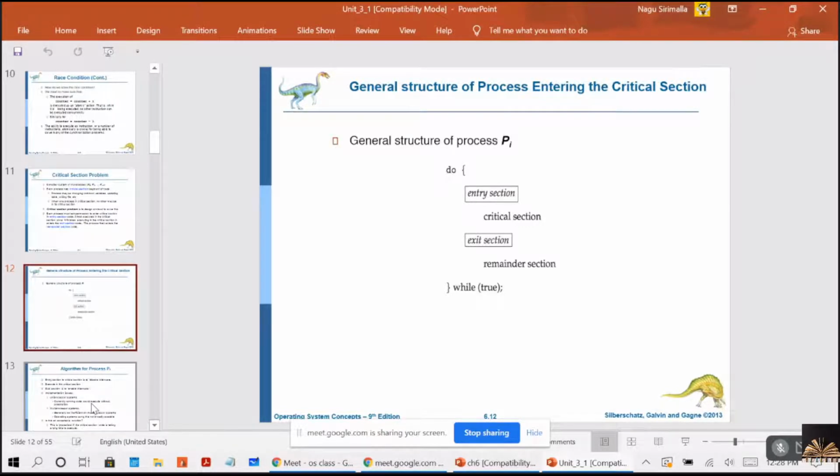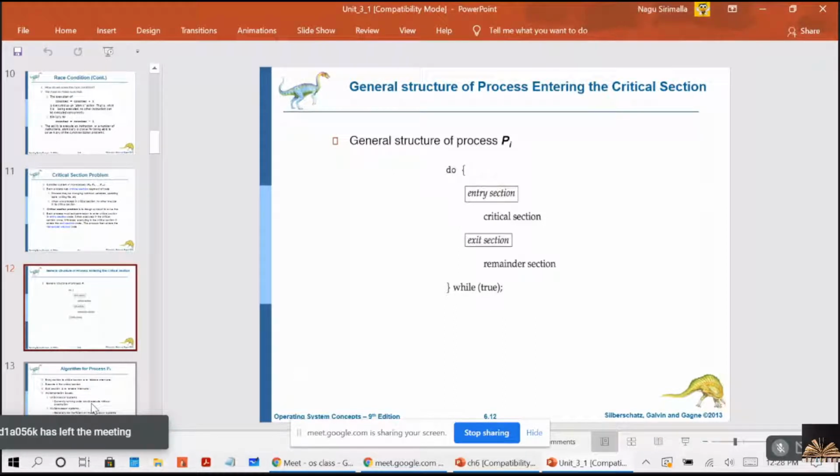The entry section and exit section are enclosed in boxes to highlight these important segments of the code. Whenever we are using the critical section, you have to do these two things: entry section and exit section.